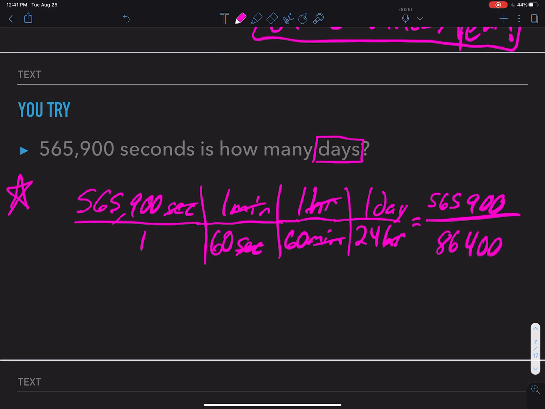So now when we divide that, we have 565,900 divided by 86,400, and we get 6.55 days.